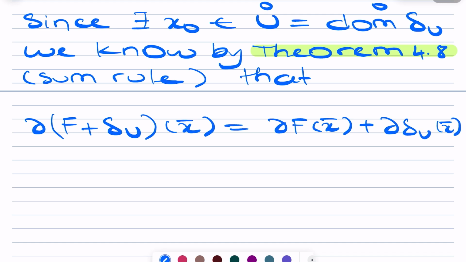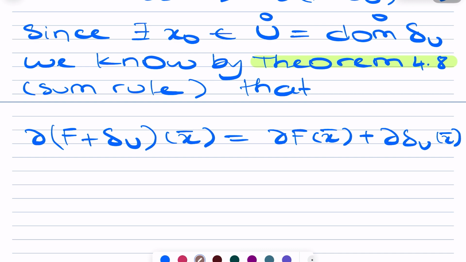This equality follows from the fact that x0 is in the interior of the set u intersected with the domain of f. This was the condition for us to have this equality.